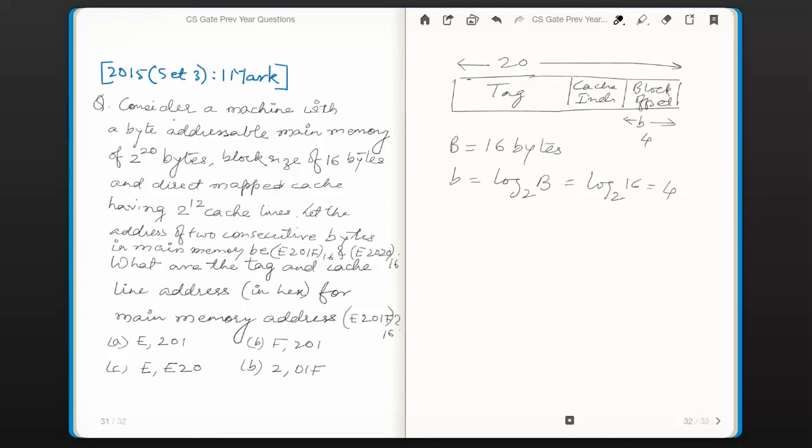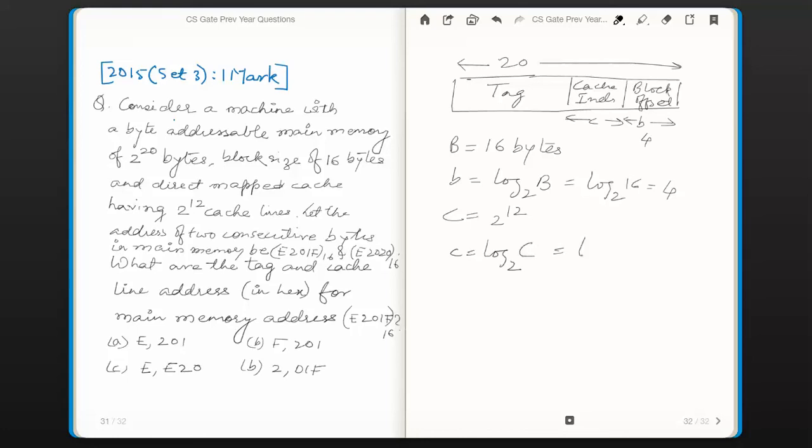Now what about cache index? There are 2 to the power 12 cache lines. If we represent the cache index by small c, then c is equal to log base 2 of the number of cache lines or cache blocks.